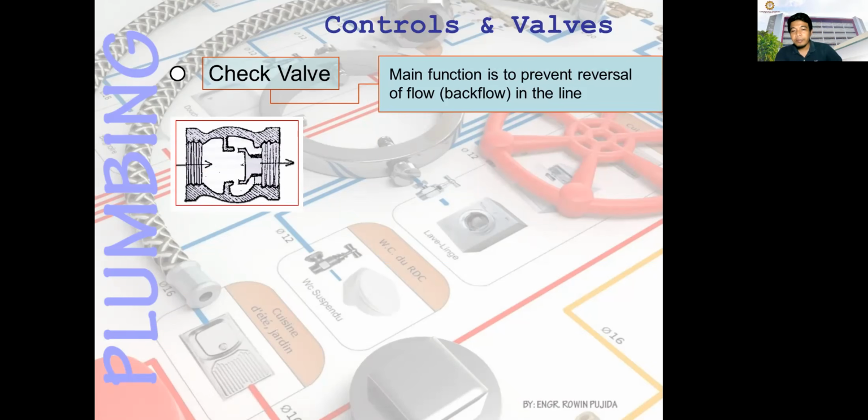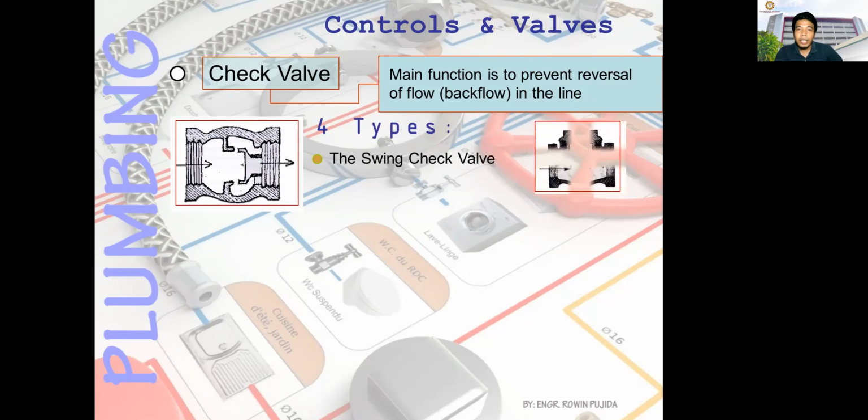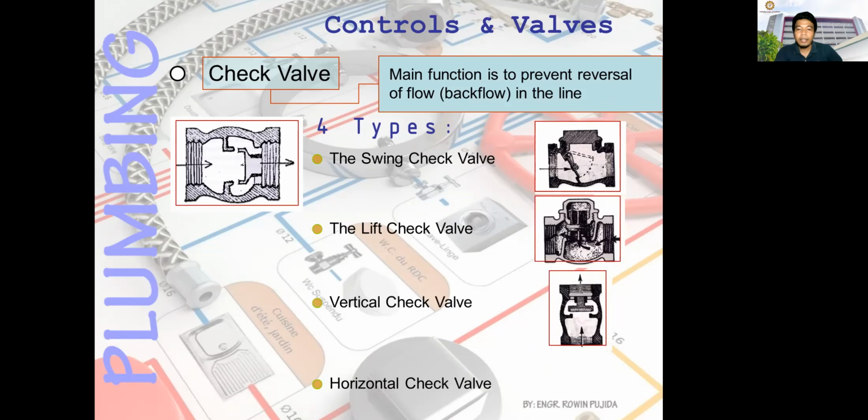So you put the check valve in between so that the water coming from the flush tank will not backflow to other fixtures. There are 4 types of check valve: the swing check valve, the lift check, vertical check, and the horizontal check.